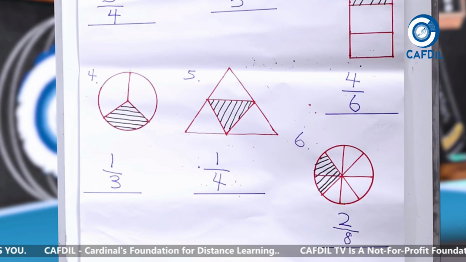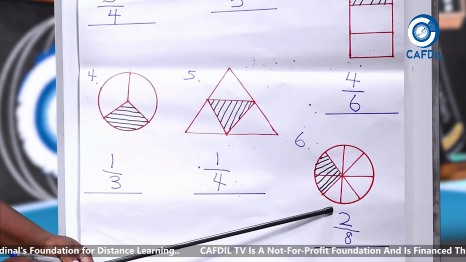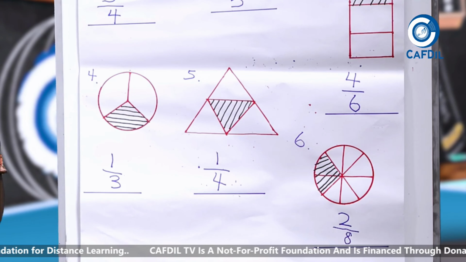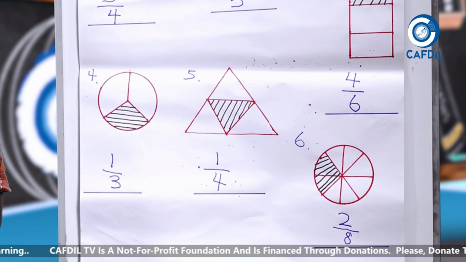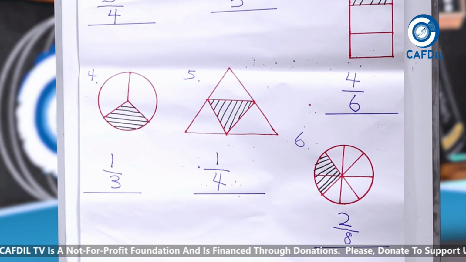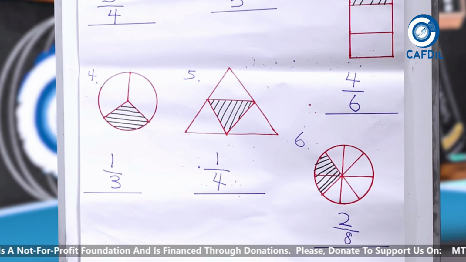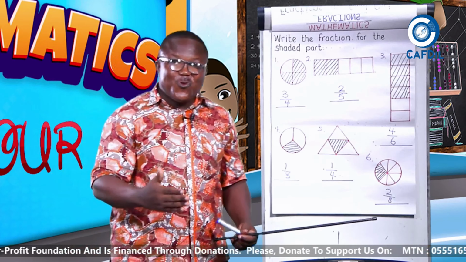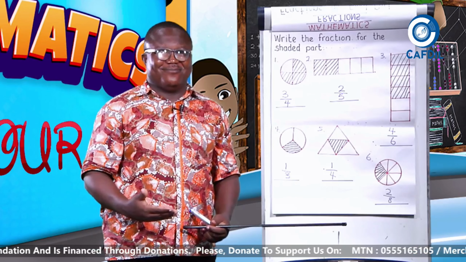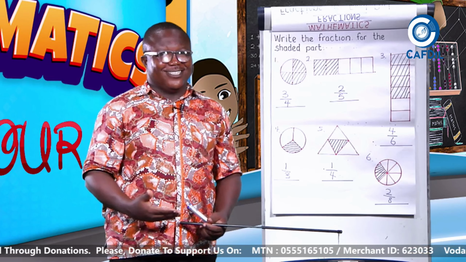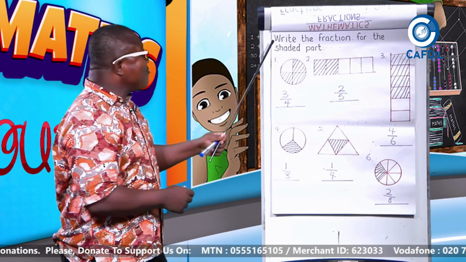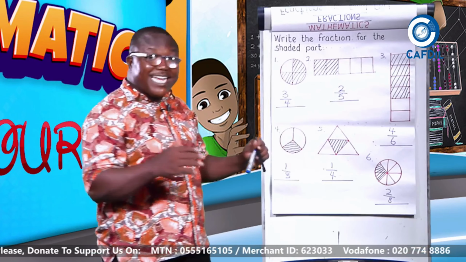Learners, you've seen it. So this fraction is 2 out of 8. But remember, I told you that it is more appropriate for us to say 2 8. You've seen it. So when they give it to you, write the fraction for the shaded part.